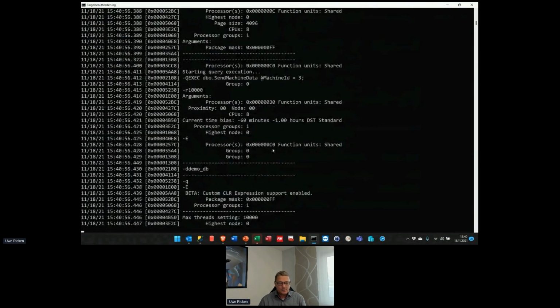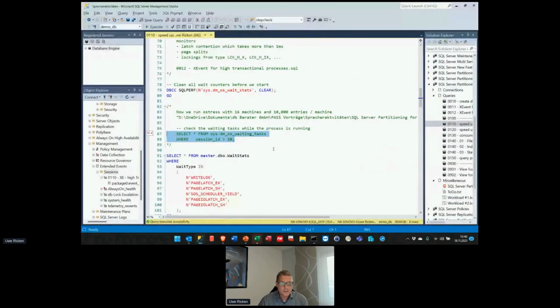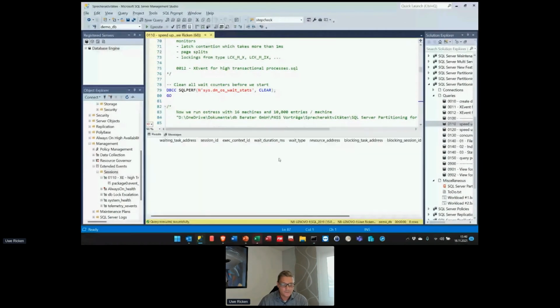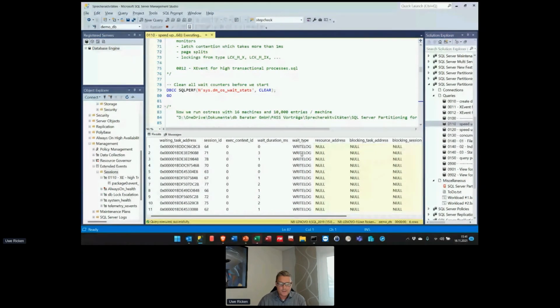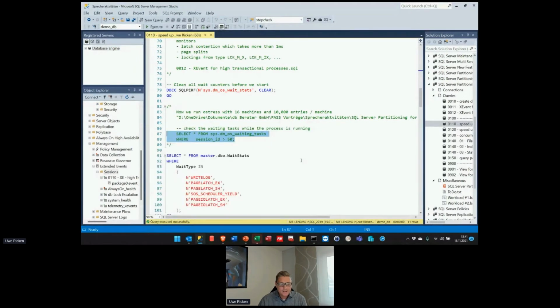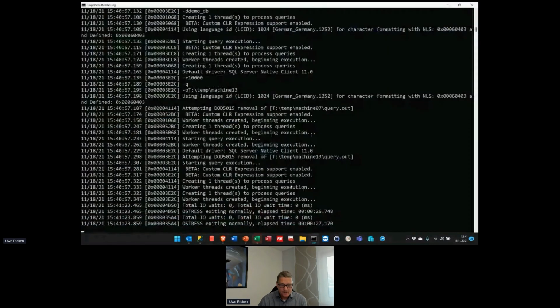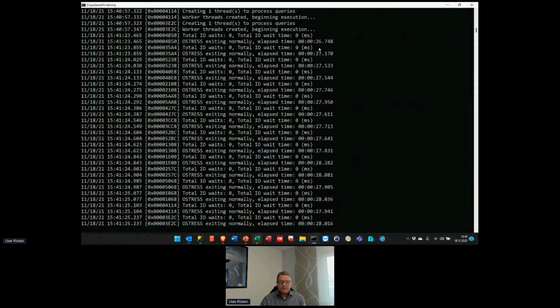So now we are starting this and putting a heavy workload on the system. And what you see here is that SQL Server is now waiting. The wait type describes what SQL Server is waiting for. Here you see, unfortunately, only write block. That means we are all waiting to transfer the data to the storage. And what we can't see here is what happens in the background. So now it is finished. Have a look at this, and this is important.